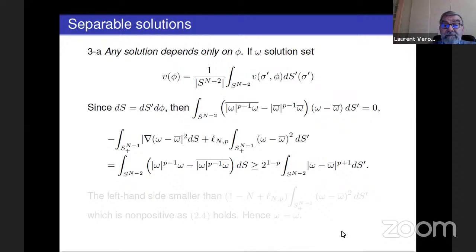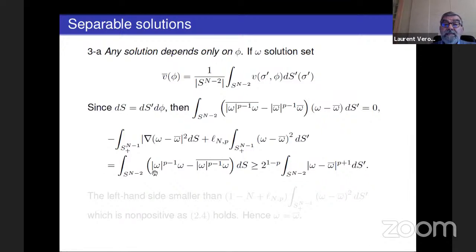So I have this term here, plus this constant. And now for the boundary value, I have these terms.